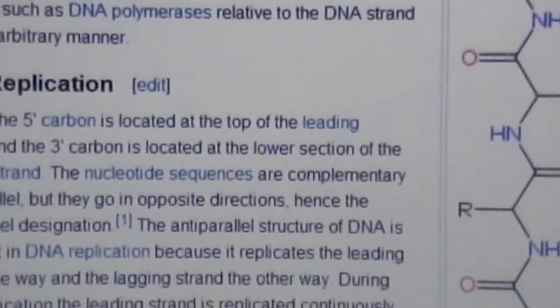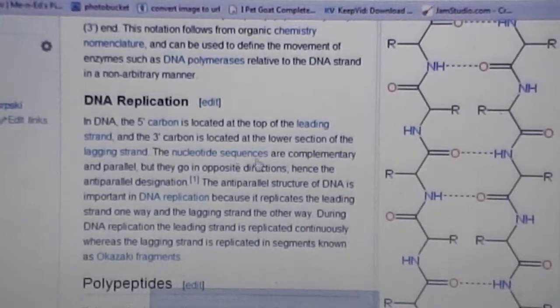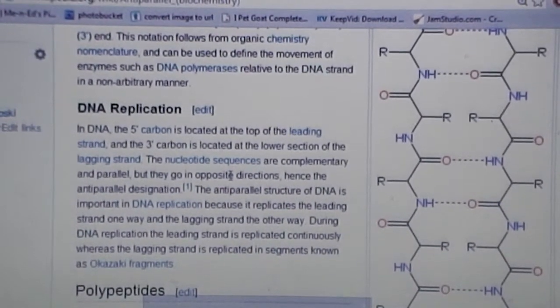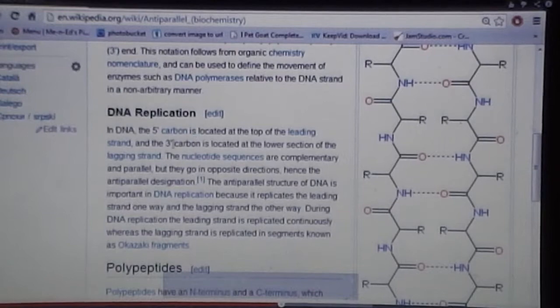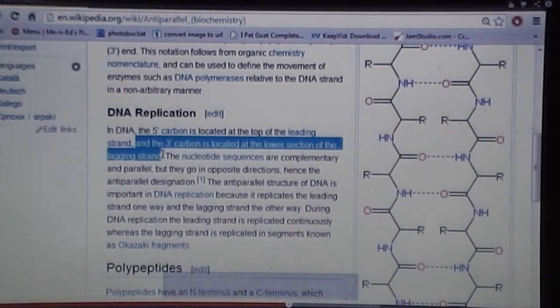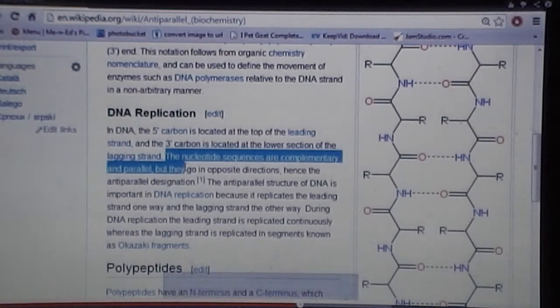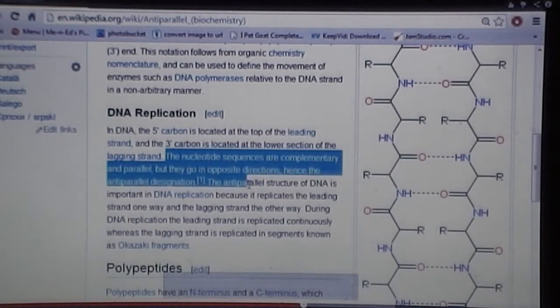In DNA, the 5 carbon is located at the top of the leading strand, and the 3 carbon is located at the lower section of the lagging strand. Okay? That makes sense. The lower section attached onto. Nucleotide sequences are complementary and parallel, but they go in opposite directions.